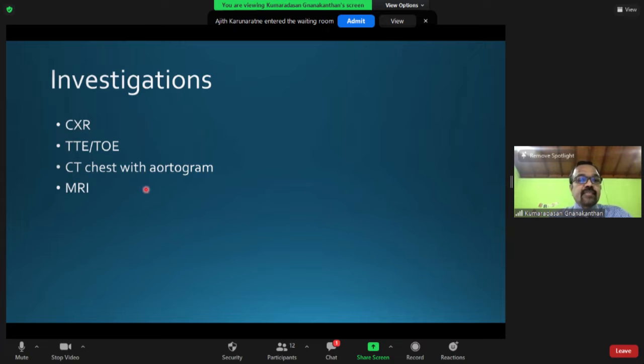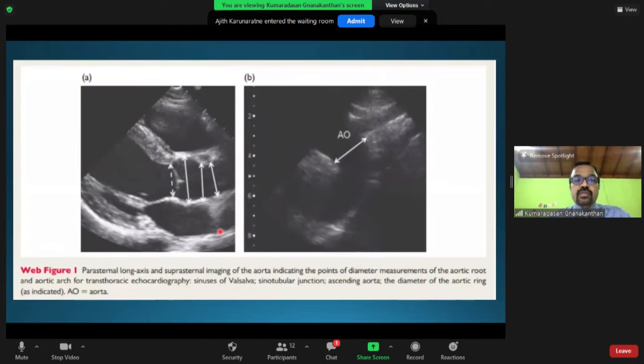The next investigations are the transthoracic echo and the transesophageal echocardiogram. The transthoracic echo is useful to measure the sizes of the aortic annulus, the aortic sinuses, the sinotubular junction and the ascending aorta, as well as the functional assessment of the heart: whether there is aortic regurgitation, any aortic stenosis, and how the left ventricle is functioning.